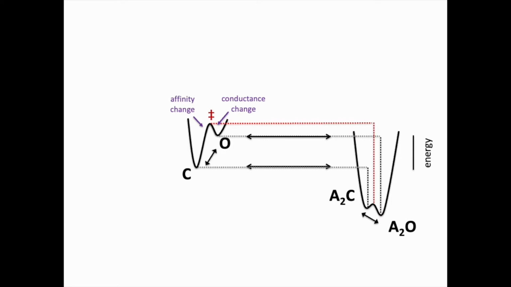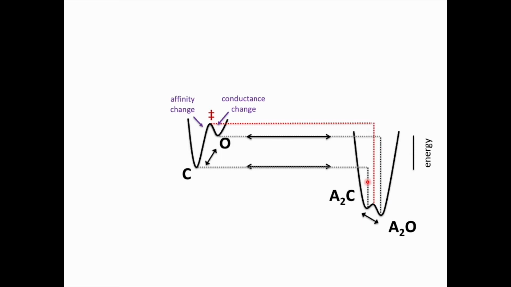Here, once again, is the thermodynamic cycle shown in the form of energy landscapes or potential energy surfaces of the receptor conformation, left without agonists and right with agonists. You recall that the uphill reaction going from C to O turns into a downhill reaction because the binding energy to O of the agonist is much stronger than it is to C. That's the length of this line is longer than this line here.